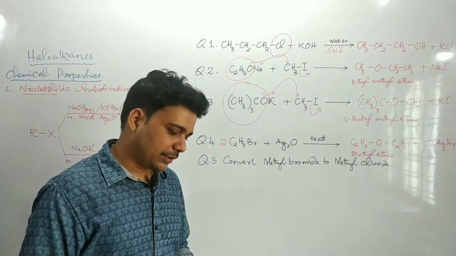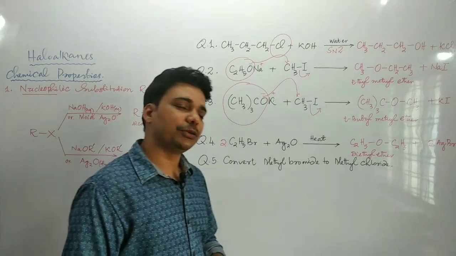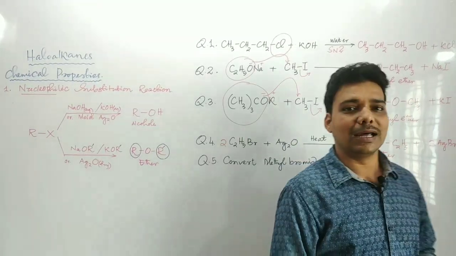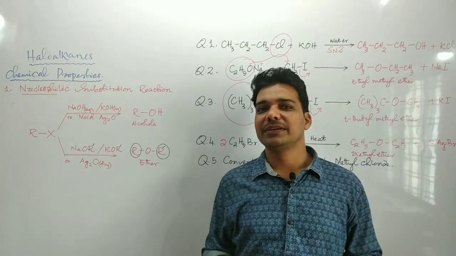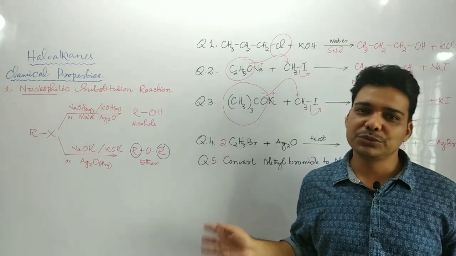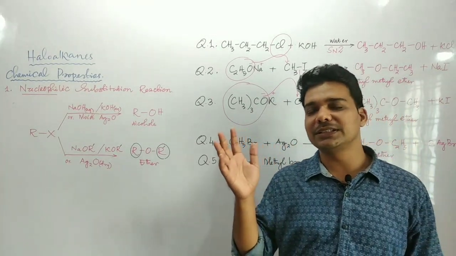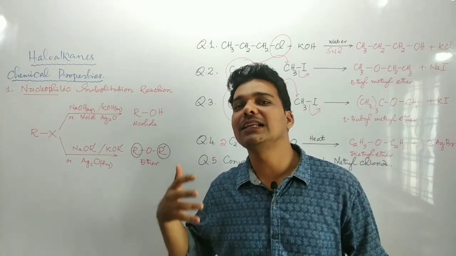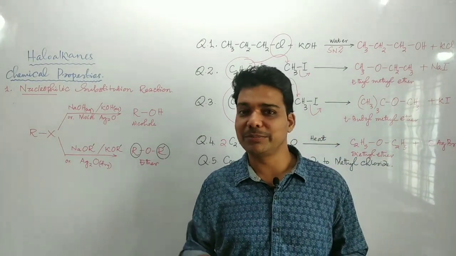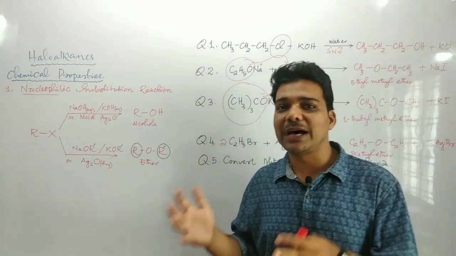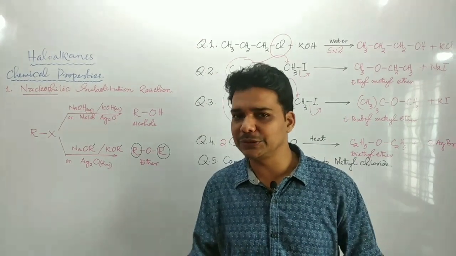Just remember, in methods of preparation, we had some halide exchange methods, the Finkelstein reaction and the Swarts reaction. But those reactions cannot be used here. In the Finkelstein reaction, generally we prepare alkyl iodide from alkyl chloride or alkyl bromide by treating them with sodium iodide in the presence of dry acetone.